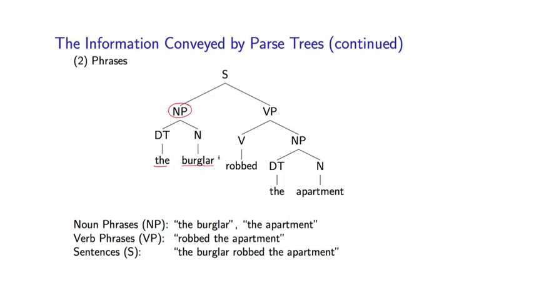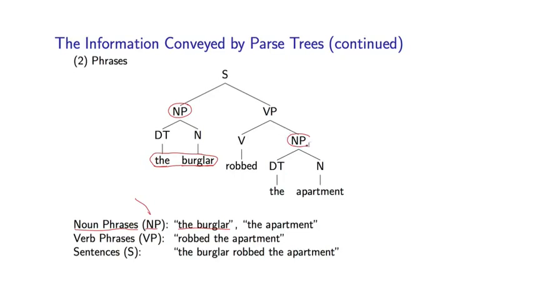And that means that this particular substring, the burglar, has been identified as a constituent or phrase of type NP. NP actually stands for noun phrase. Later in this class, we'll talk extensively about what these different categories are. But as you can see, the main point here is that we get this hierarchical grouping.